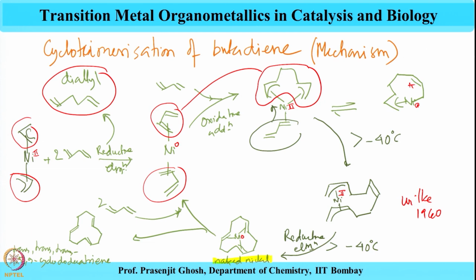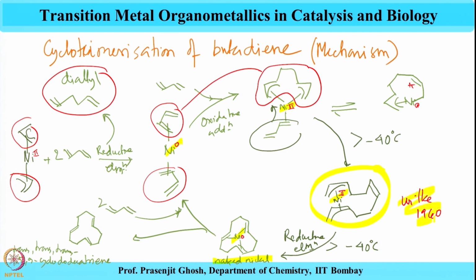So, the main feature is the transformation from nickel 2 in one part of the catalytic cycle, as well as nickel 0 or the naked nickel in the other part of the catalytic cycle. The other important thing is that this particular species was confirmed by preparing it separately and entering the catalytic cycle through this species, which also gave the identical cyclotrimerized product.